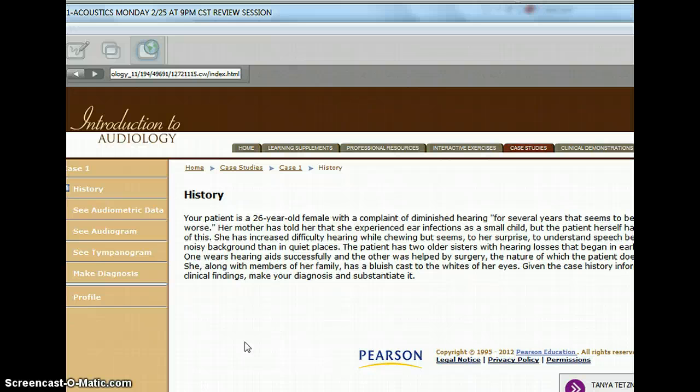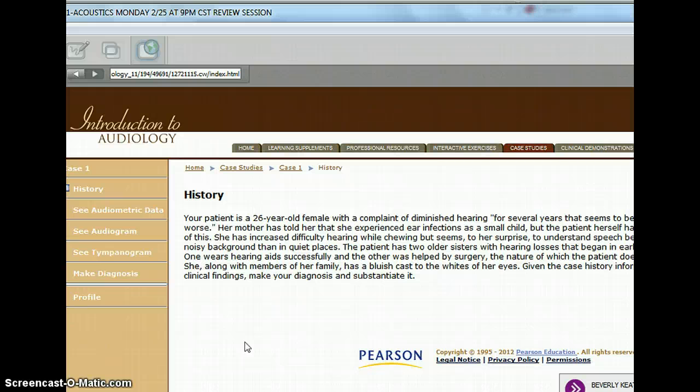The patient has 2 older sisters with hearing losses that began in early adulthood. One wears hearing aids successfully and the other was helped by surgery, the nature of which the patient does not know. She, along with members of her family, has a bluish cast to the whites of her eyes. Given the case history and clinical findings, make your diagnosis.